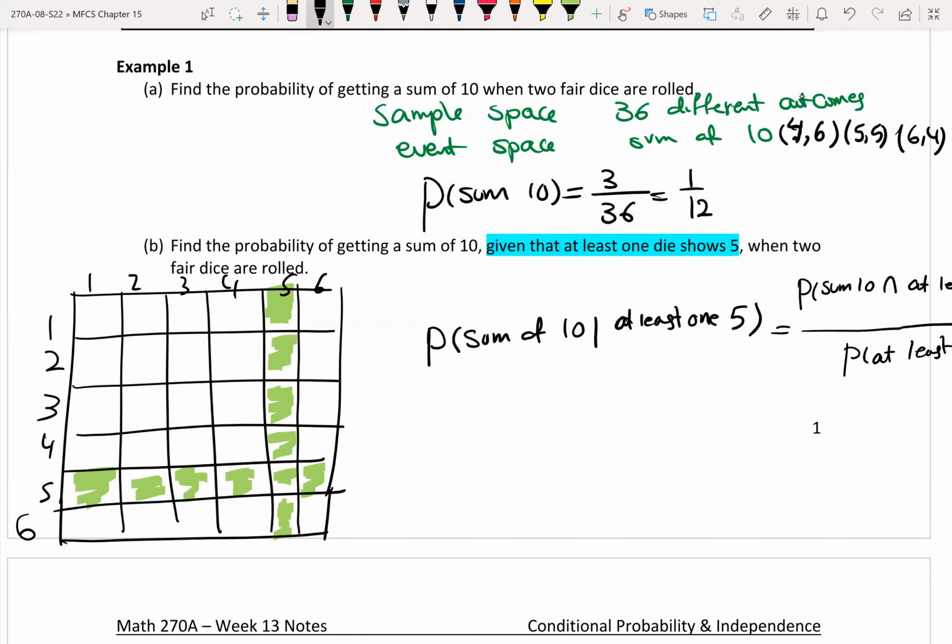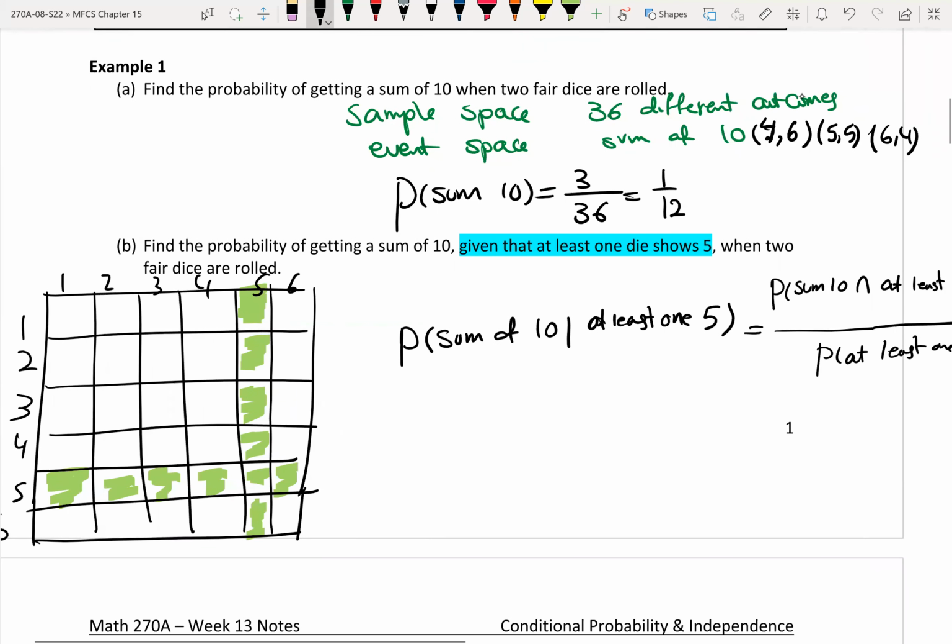So you have a total of 11 different outcomes for at least one of them to be 5. Okay. And then what is the intersection? At least one 5 and sum 10. It's 1 out of 36. So it's going to be 1 over 11. Agree?